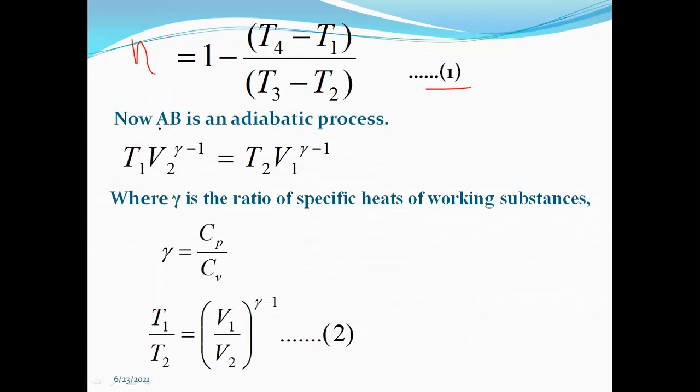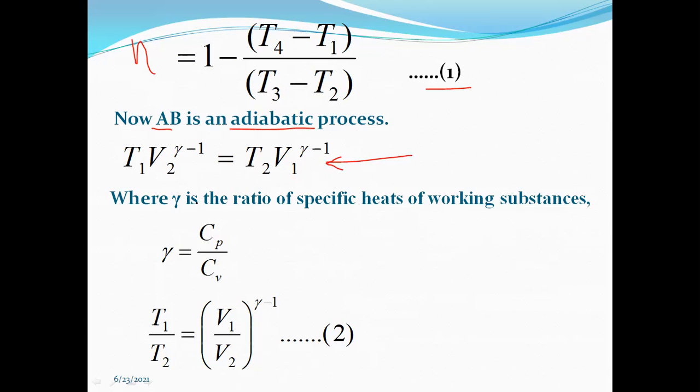Now, if you remember the indicator diagram of the Otto engine, AB is an adiabatic process, that is a fast process. Recalling the adiabatic relations, we know very well that T1 into V2 raised to gamma minus 1 is equal to T2 into V1 raised to gamma minus 1.